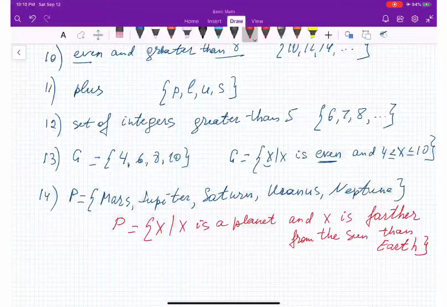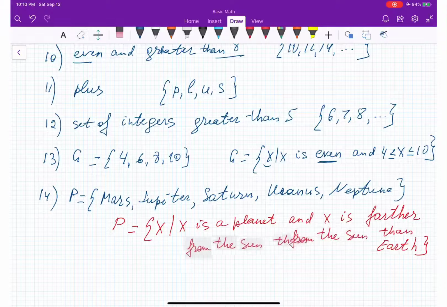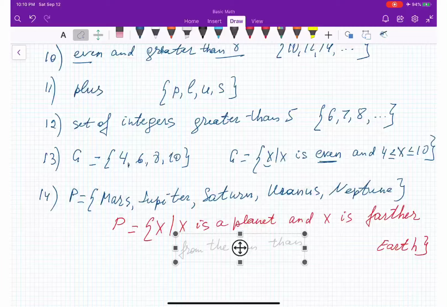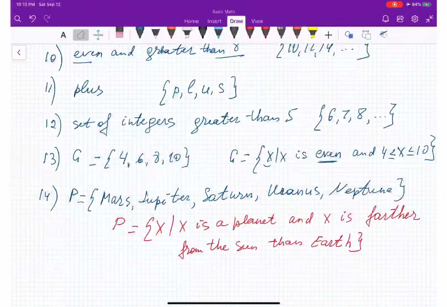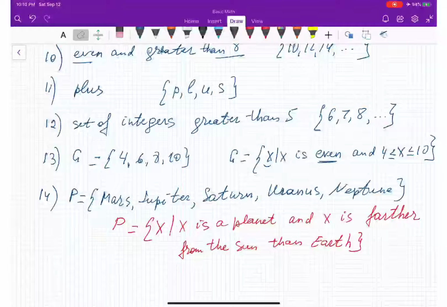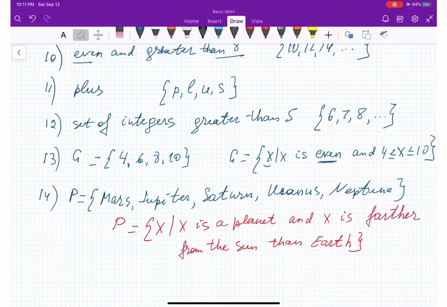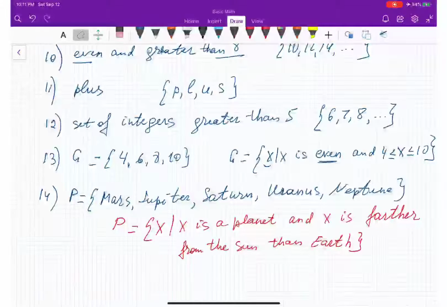This is how we put it there. So we are trying to explain. When we say it is a planet, right, we give you the explanation that it's going to be a planet, and it's farther from the sun than Earth. So this way it's going to be clear that it's going to be Mars, Jupiter, Saturn, Uranus, Neptune. That's how we explain. Okay.